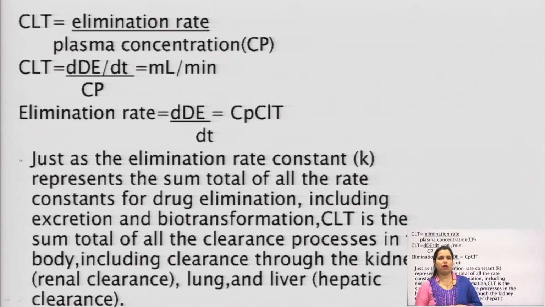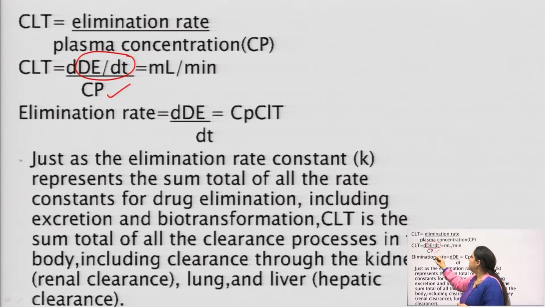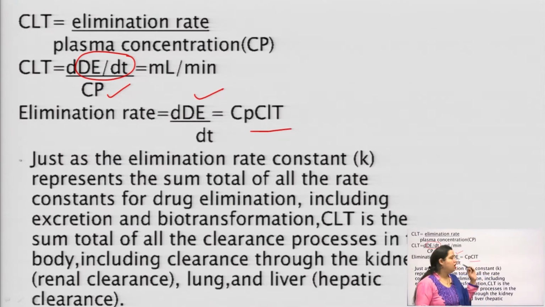If we take it at different time intervals, the drug elimination rate is dE/dt in ml per minute, and this is Cp. So, the elimination rate will be dE/dt equals Cp times CLT. If we simplify this equation to get the elimination rate, the equation becomes this.